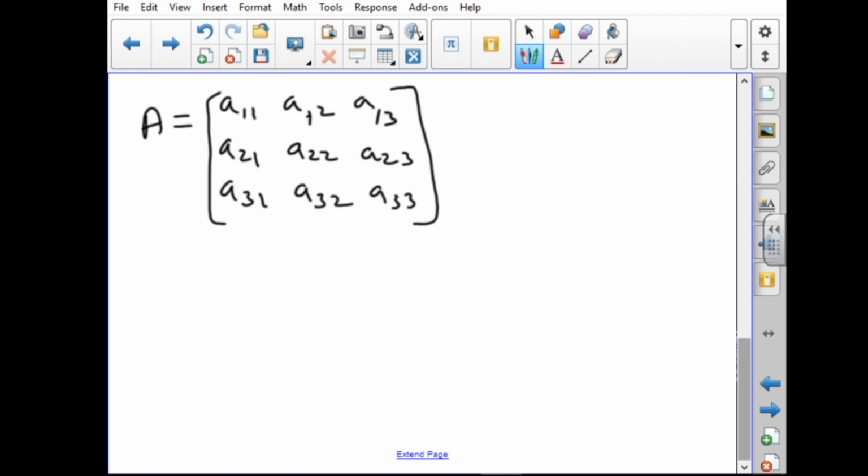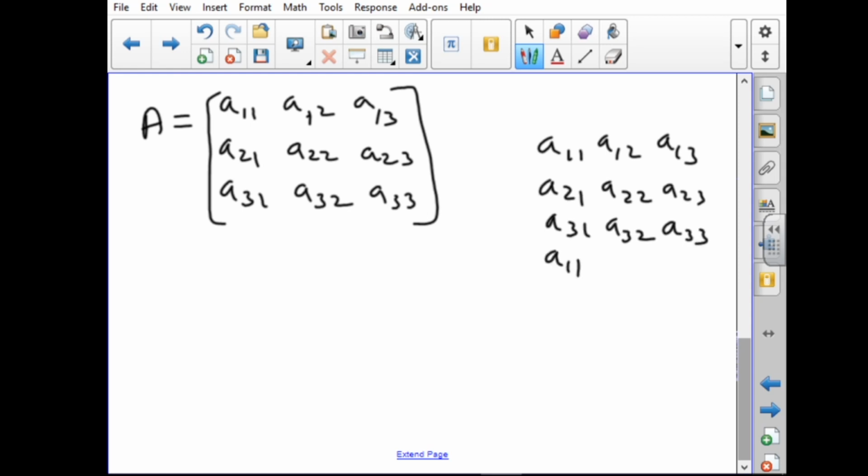On the rough side you can write all these elements, then repeat the first two rows, then repeat the first two columns.